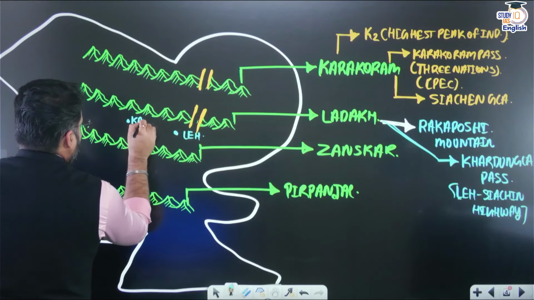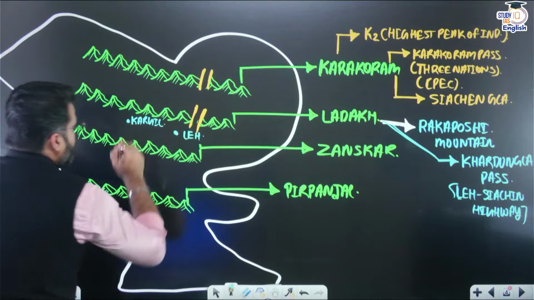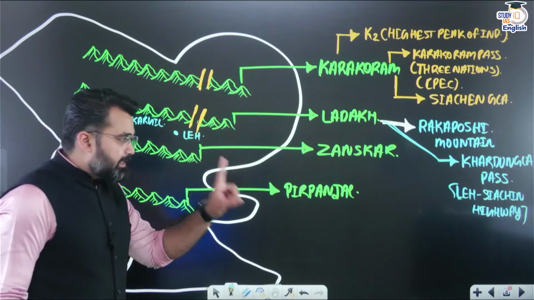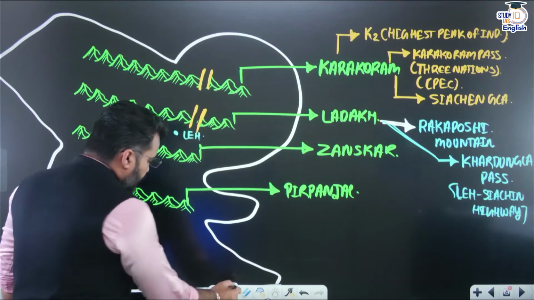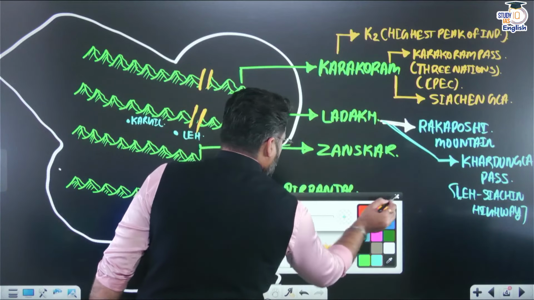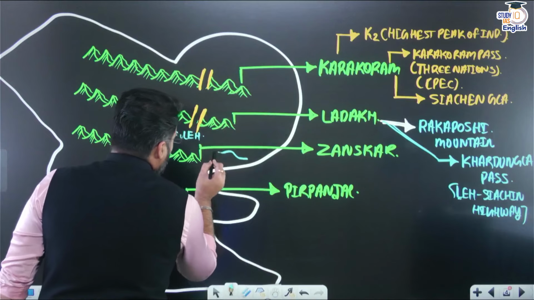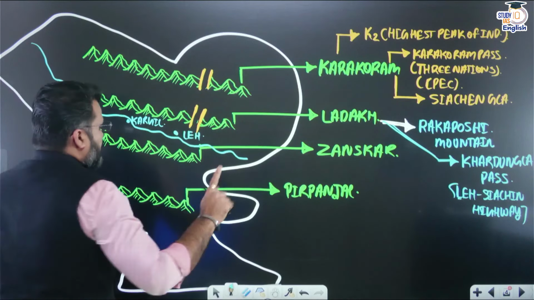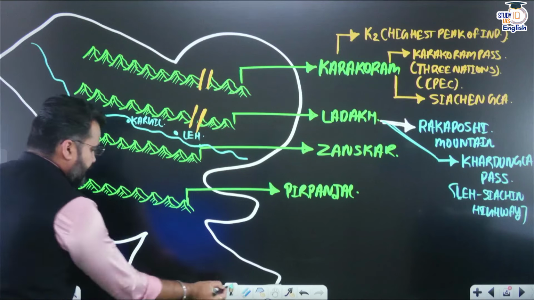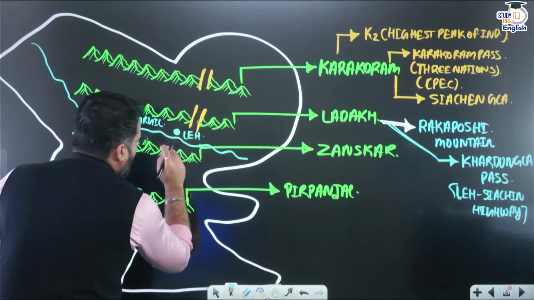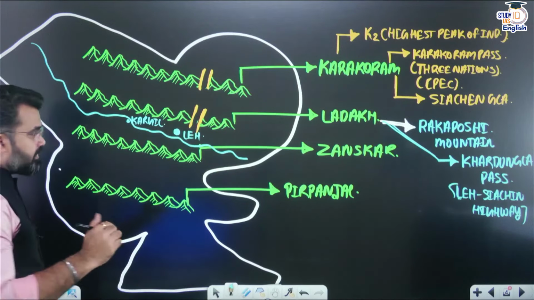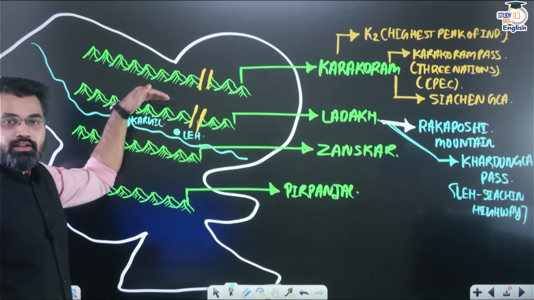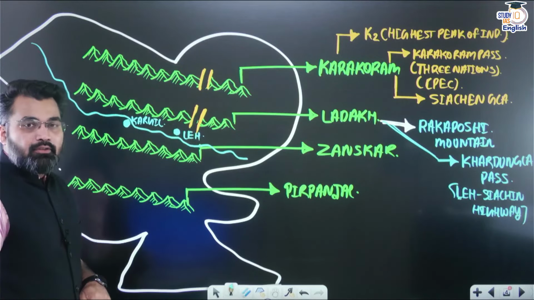And a river called Indus plays its course between Ladakh and Zaskar, passing near Leh, then through Kargil. Now just focus on a smart thing. Leh is in the upper part of Indus and Kargil is in the lower part of Indus, but still Kargil alone is in the northern part compared to Leh.